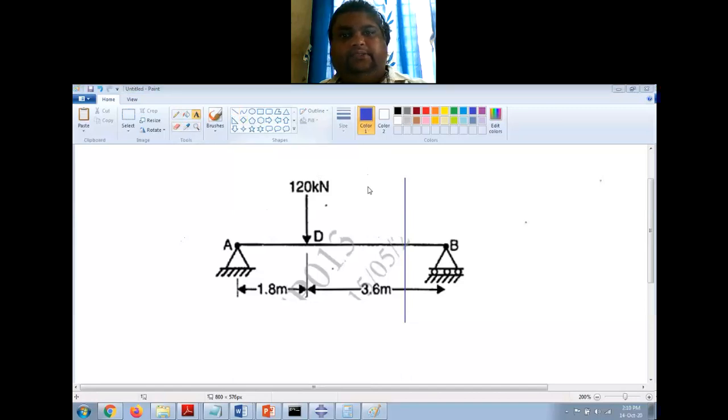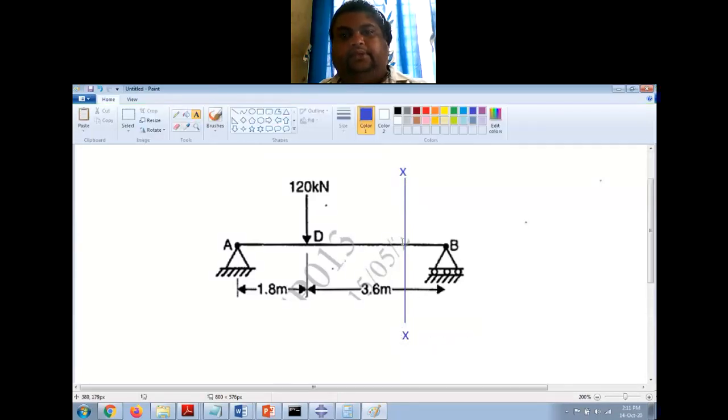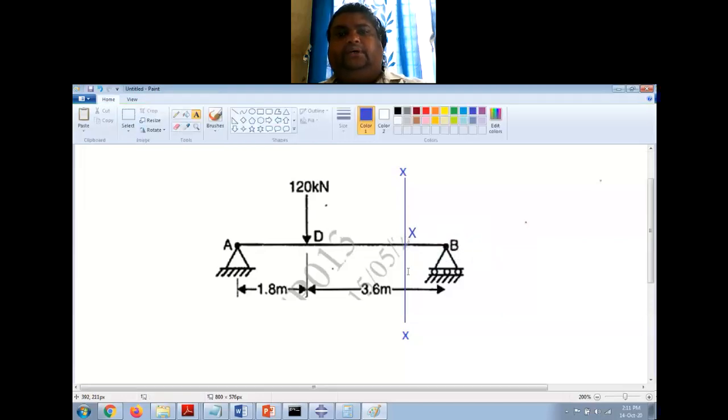I'll call this as XX, and this point I will call capital X. This is the first thing that is told in Macaulay's method: you consider a section very close to the support.